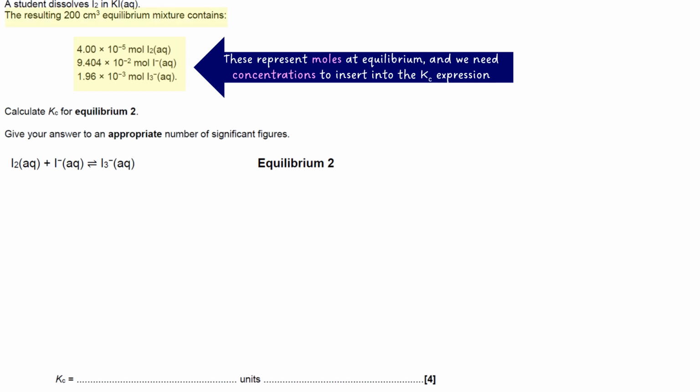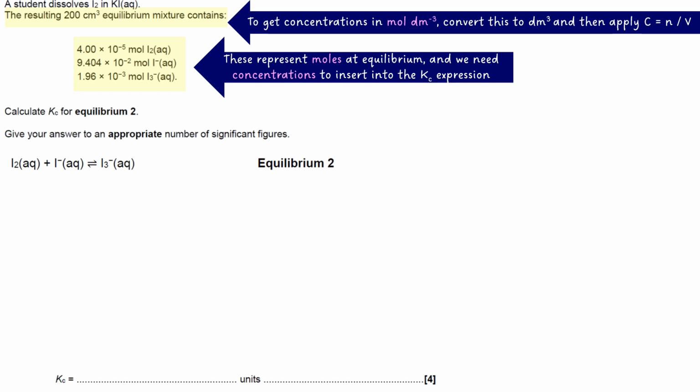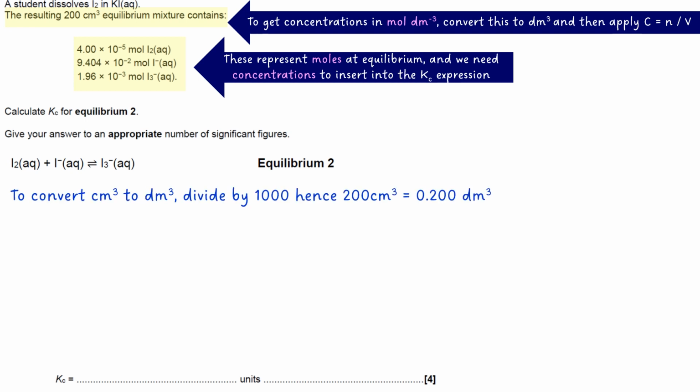Now it tells you that the volume is 200 centimeters cubed, but we need it to be decimeters cubed because concentration is in moles per decimeter cubed. So therefore you have to convert to decimeters cubed by dividing it by 1,000. So I'm going to stick to 3 significant figures for now because 200 is the same as 3 sig figs. So 0.200 would be 3 sig figs.